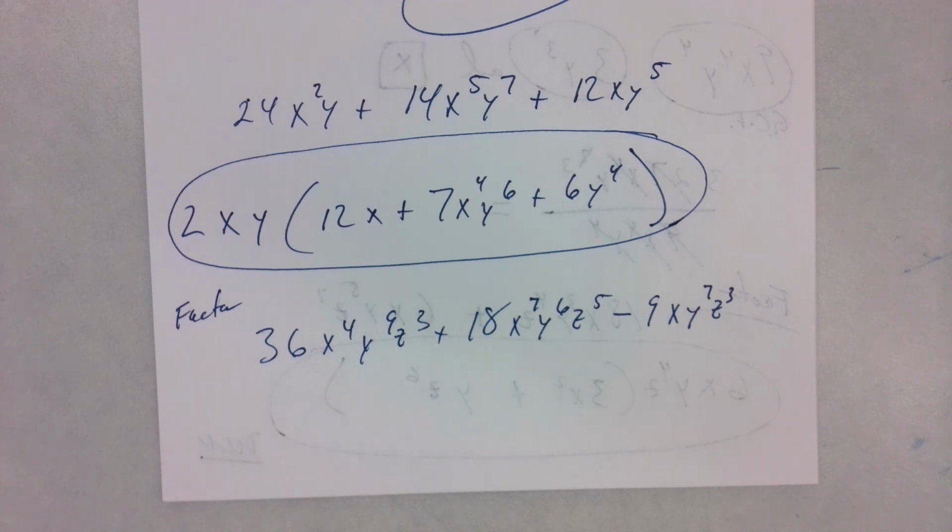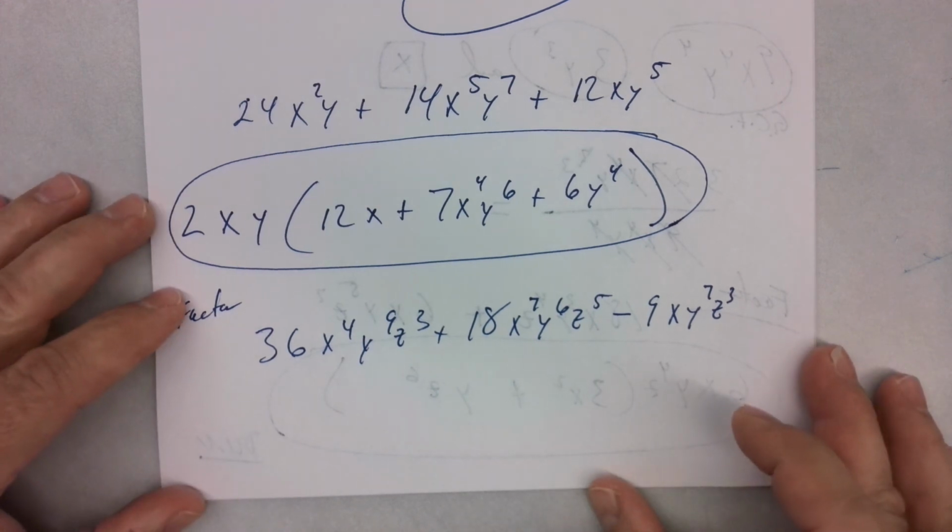I need 15. 5, 6, 7, 8, 9, 10. Where's your paper? I can see it. 11, 12, 13, I'll get one. 14, 15.